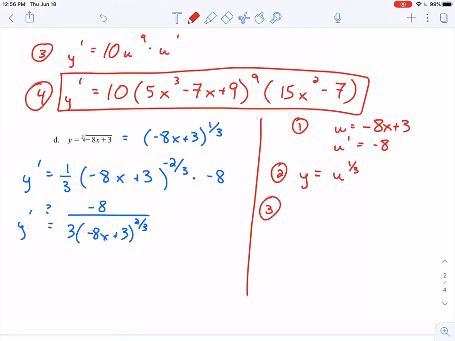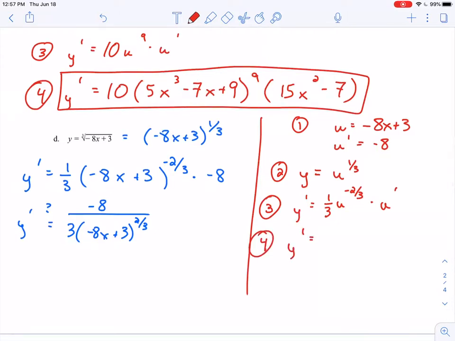Step 3, I'm going to take the derivative using my chain rule. So y prime is 1/3 times u to the negative 2/3 times u prime. And then we'll take our u and our u prime and plug that back in. So fourth step here, we've got y prime equals 1/3 times negative 8x plus 3 raised to the negative 2/3 power times negative 8.